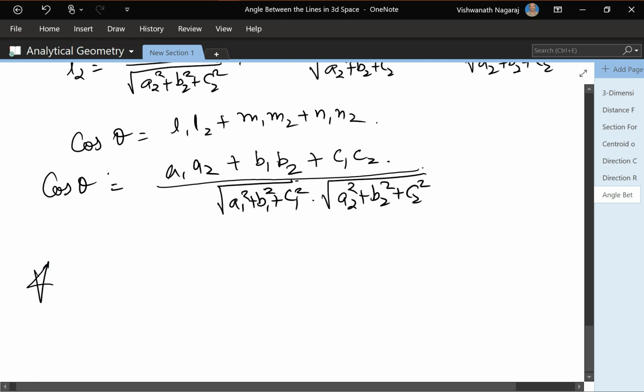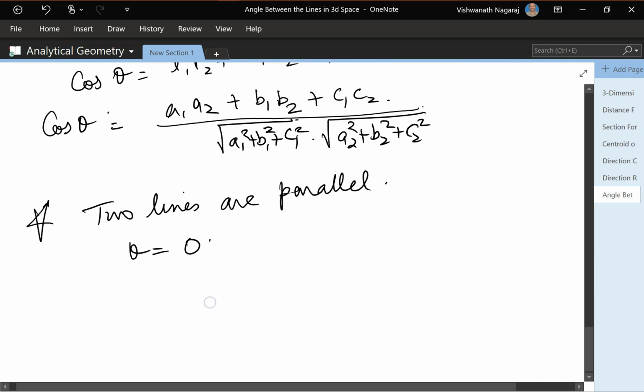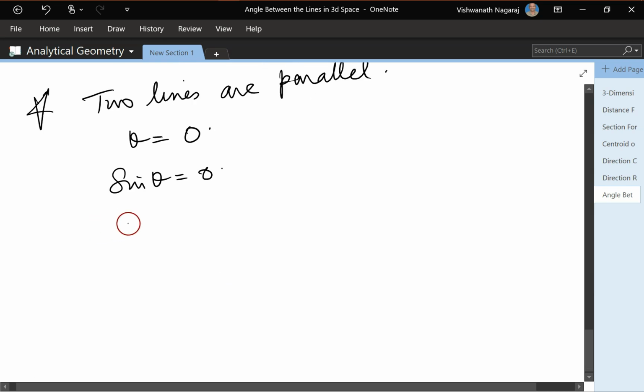Remember, we are talking of lines. So two special possibilities are that the two lines are parallel. Now if two lines are parallel, then theta equals 0. If theta is equal to 0, sine theta is equal to 0. Remember that circular thing.